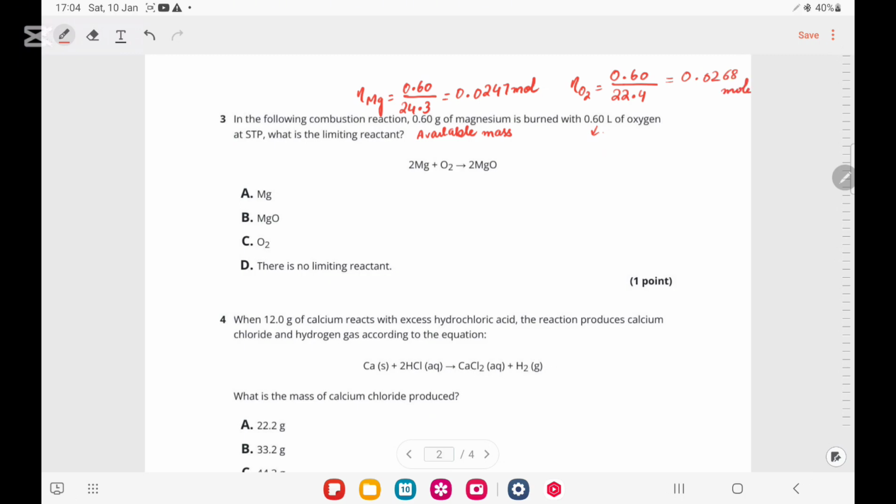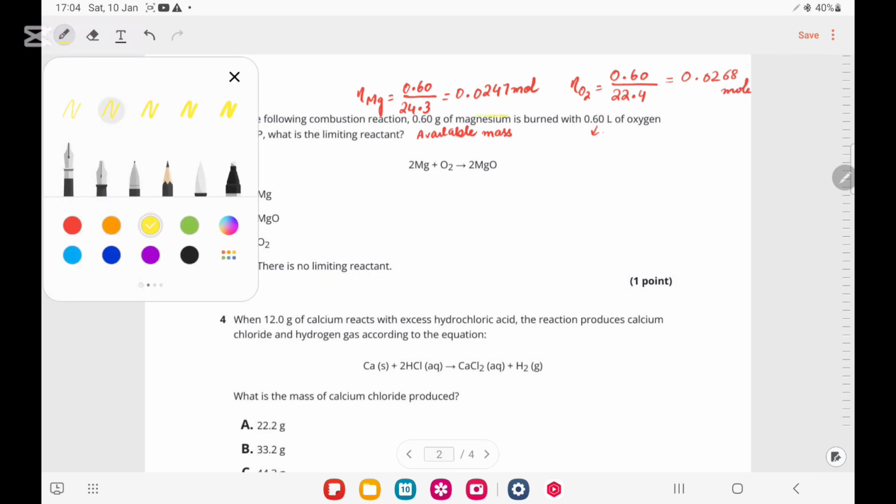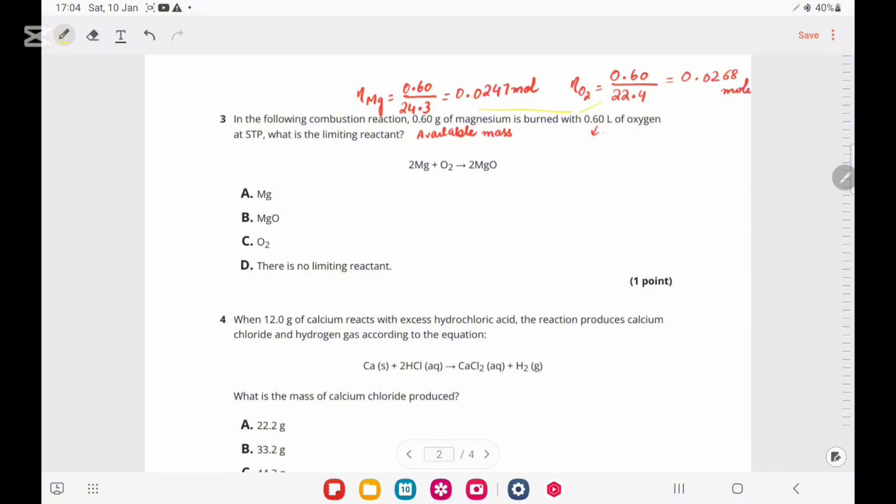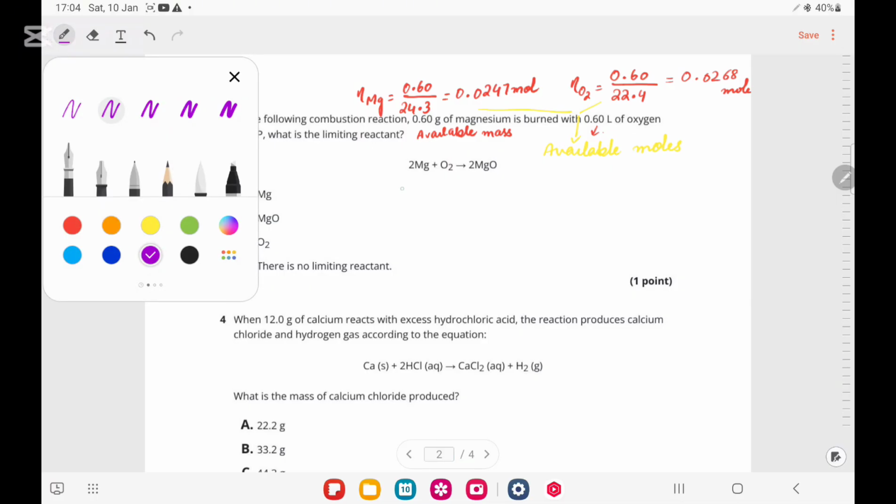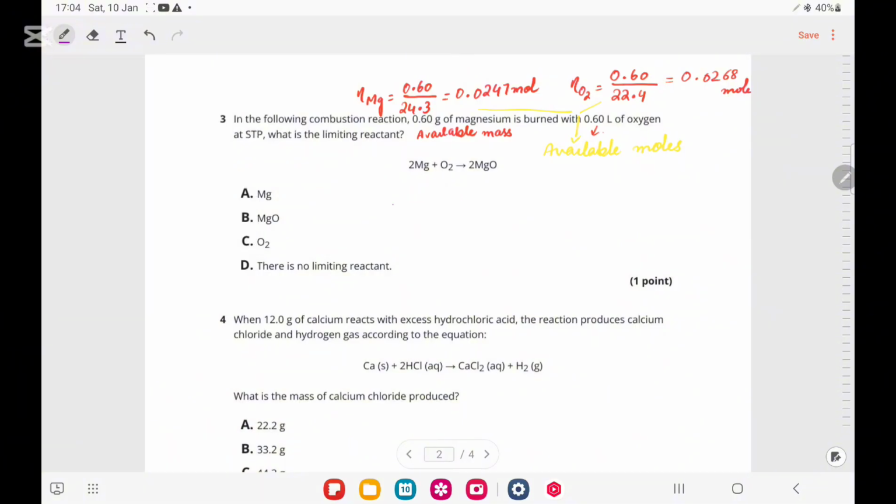Both of these are available moles. From these available moles, we need to find the required moles. How are we going to find the required moles? First of all, we have the available 0.0247 mole of magnesium.